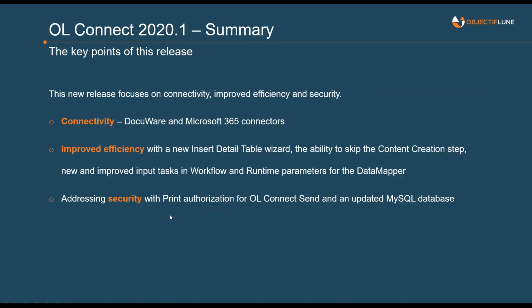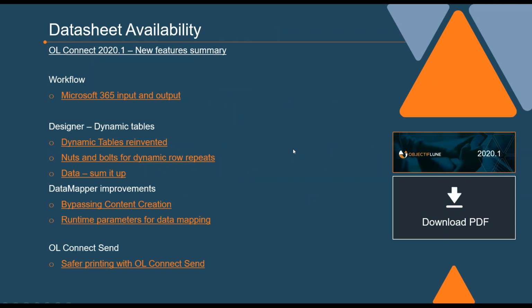Okay, the new version. The key points of this release are connectivity, improved efficiency, and security. All this information that I have presented here is available in the Oil Connect 2001 new feature summary.